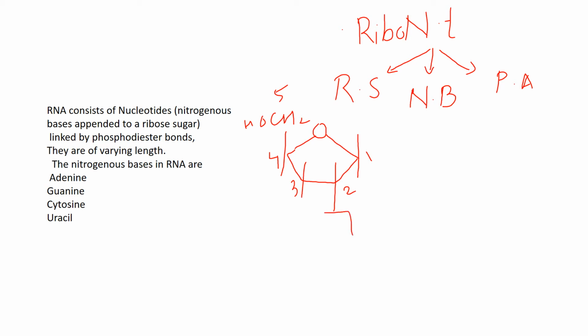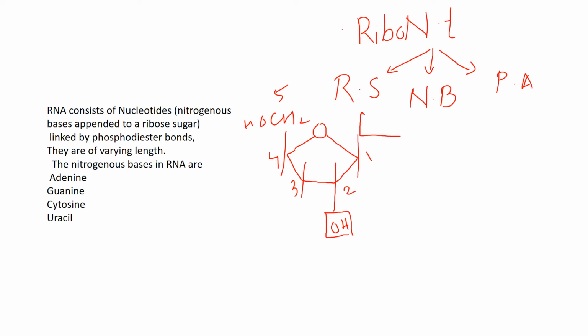Here is the difference, that in the second carbon there is an oxygen present, and therefore this sugar is called a ribose sugar. This hydroxyl group is very important. We will come in the further slides to its significance.